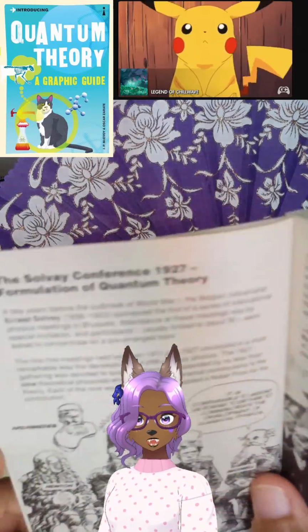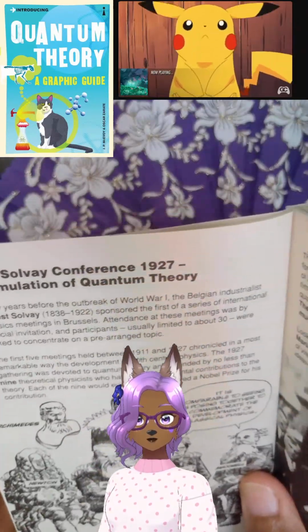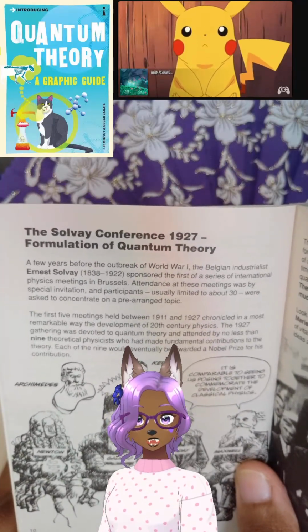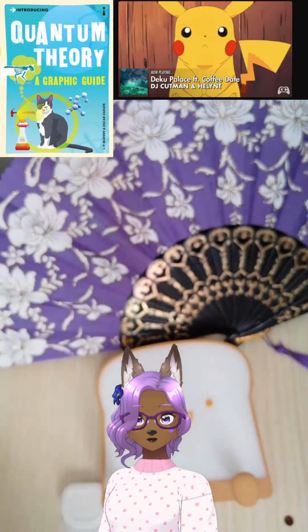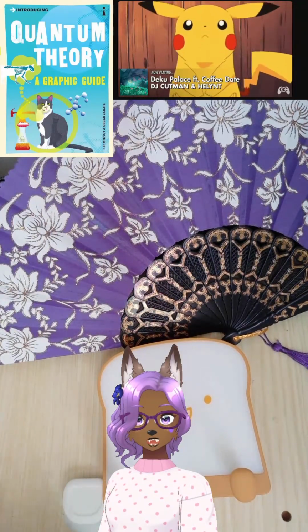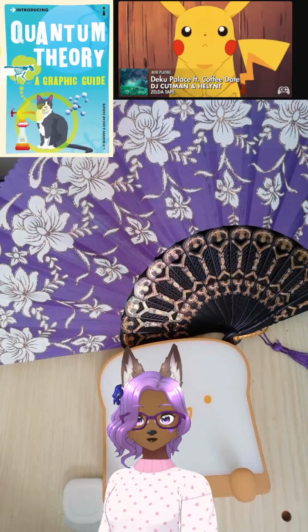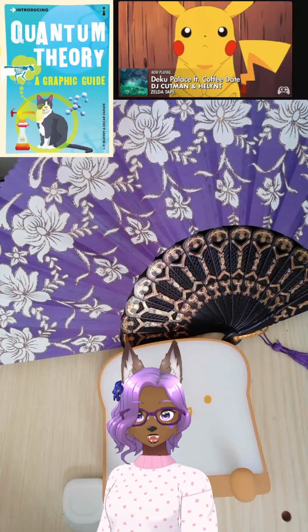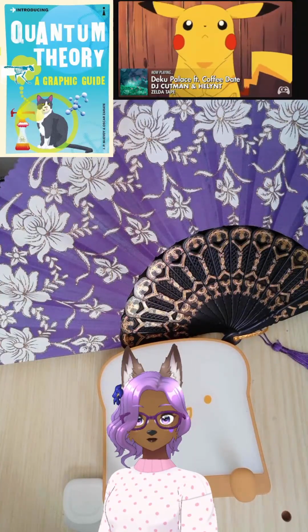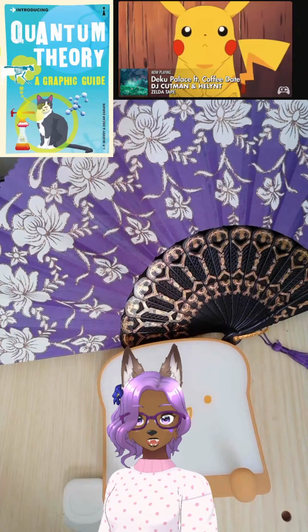Alright, so now we have come to the Solvay Conference, 1927. Formulation of quantum theory. A few years before the outbreak of World War I, the Belgian industrialist Ernest Solvay, 1838 to 1922, sponsored the first of a series of international physics meetings in Brussels.